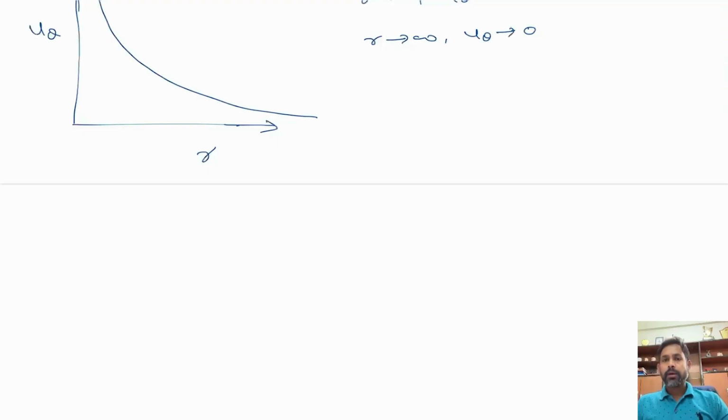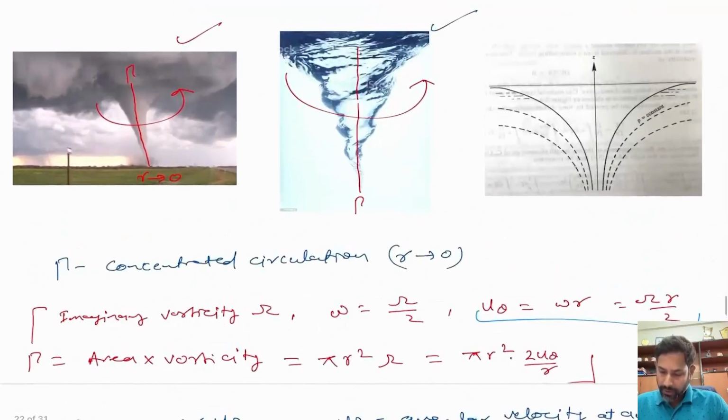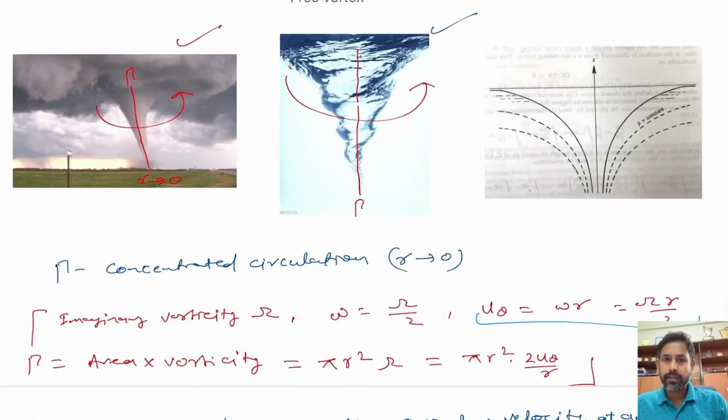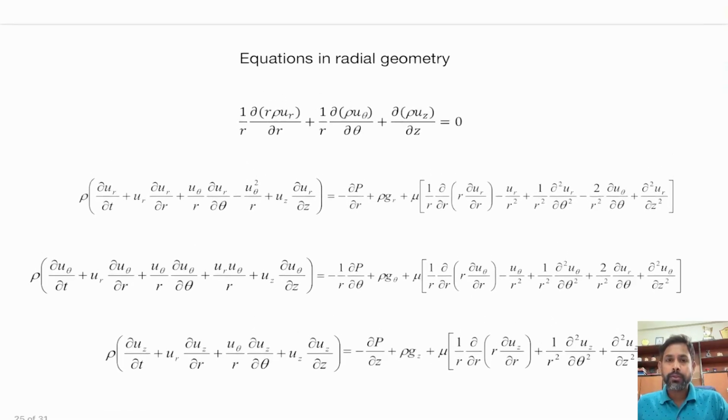Okay, so now let's try to derive a solution for this vortex, the pressure field, and what is the shape of the vortex, etc. And we are going to use the same set of equations that we used before. But to be able to use these equations, we must make some simplification as we did for forced vortex, right?